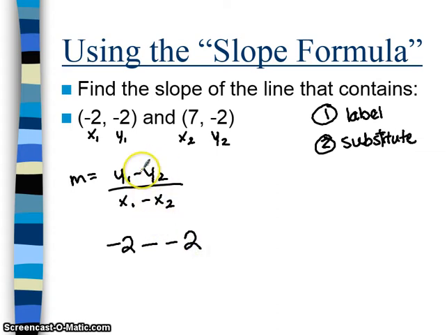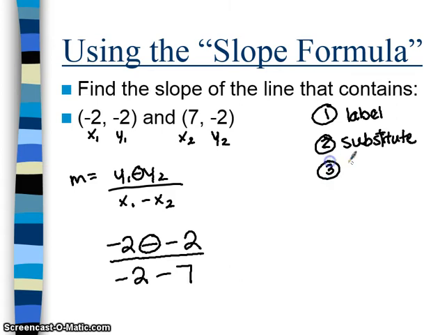Do you see how I clearly put the minus sign and then I substitute y2, because we don't want to mistake this negative sign with y2 for the minus sign that's built into the slope formula, over x1, which is negative 2, minus 7.